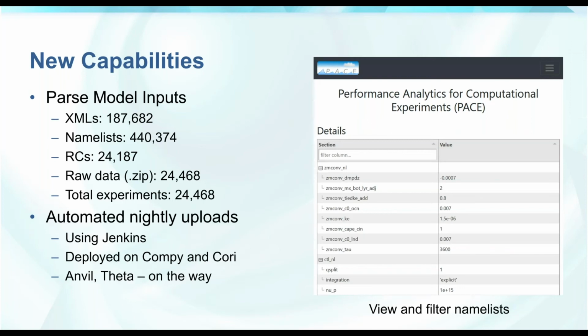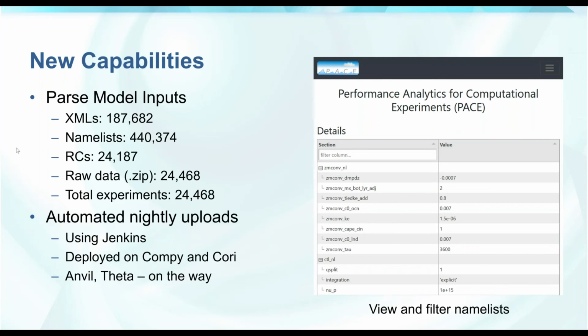Now we have added the capability to process all the model inputs, so all your namelist files, all your XMLs. Every model configuration input file, besides the netCDF files, we now have the ability to parse and store in a search-friendly format, JSON, within the database, and then retrieve based on queries.